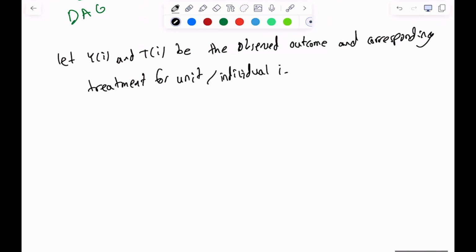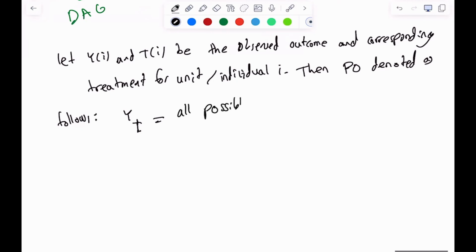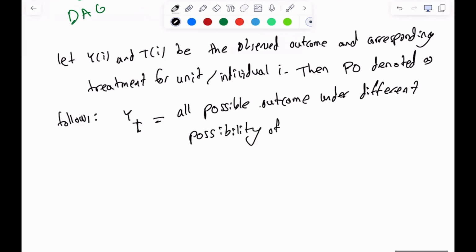Then the potential outcome, denoted y subscript t, shows all possible outcomes under different possibilities of treatment.